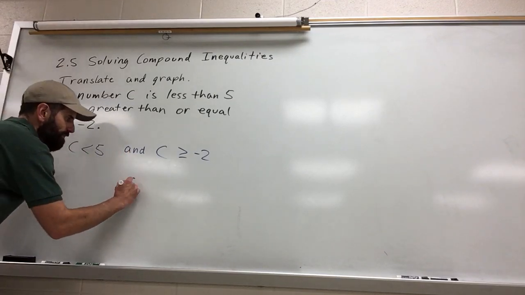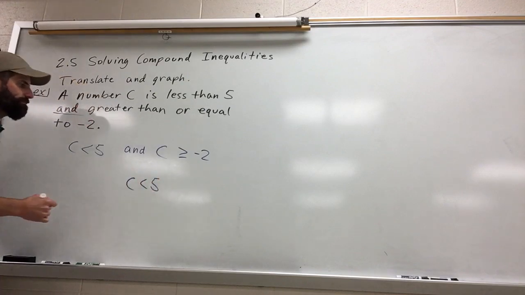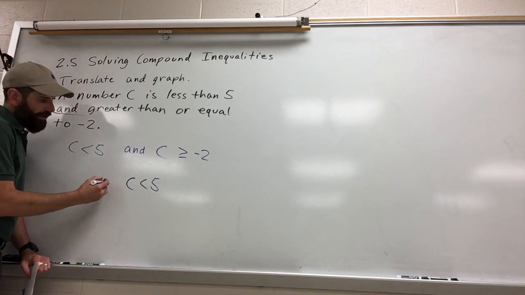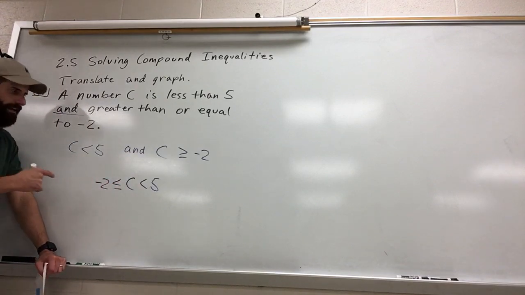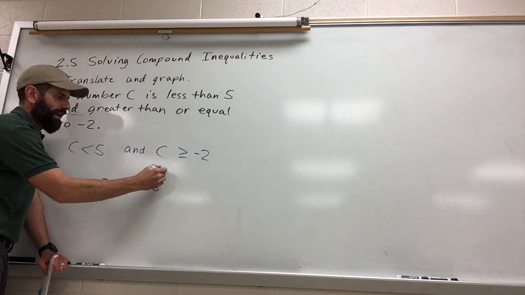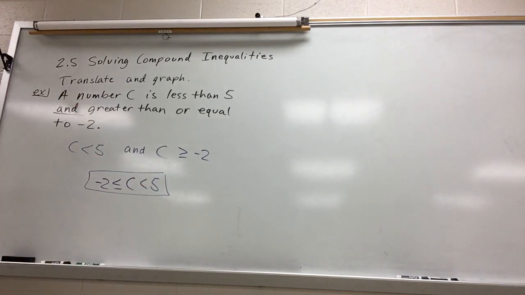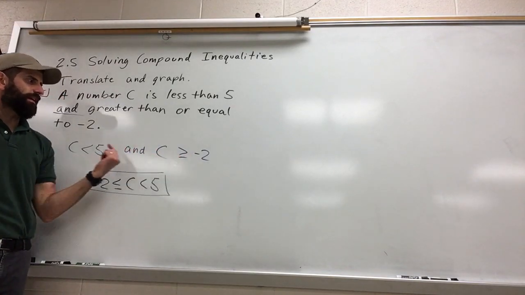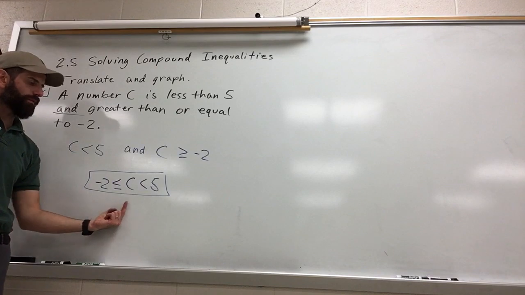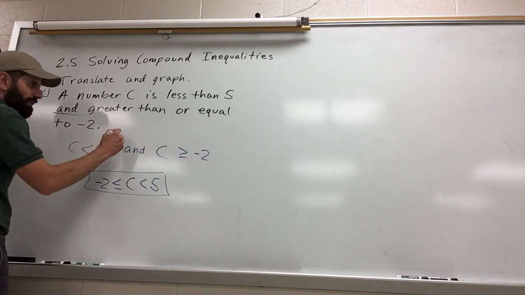So C goes in the middle, and C was less than 5, but C is greater than or equal to -2. It's in between. And that's the way you're going to want to translate it. Whenever it's an and, you can think of it as being in between, and you can write your compound inequality this way.